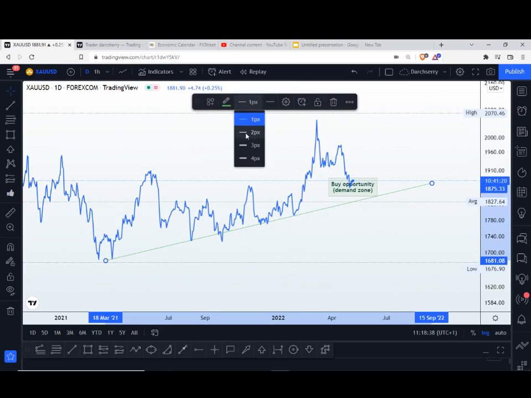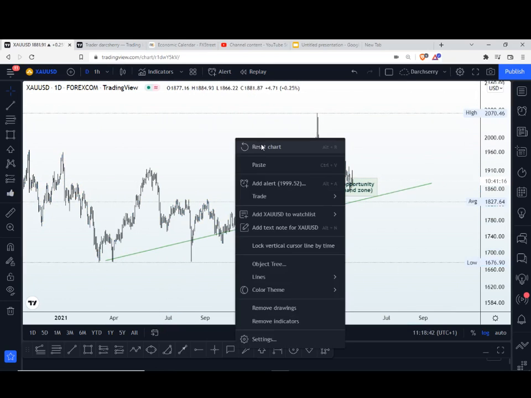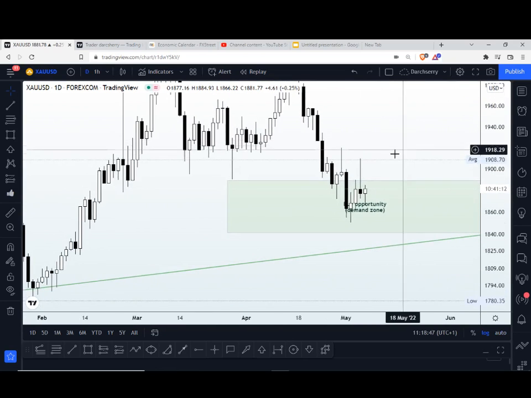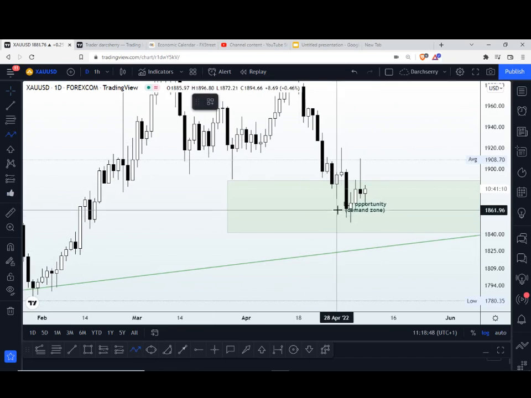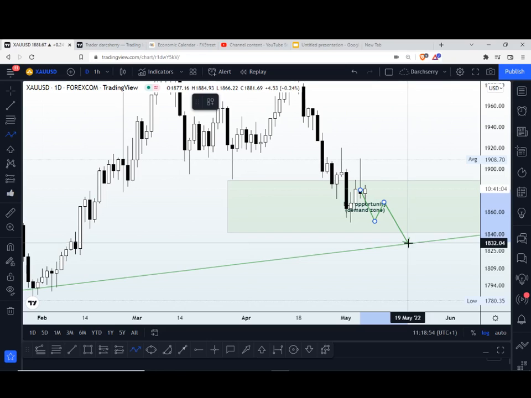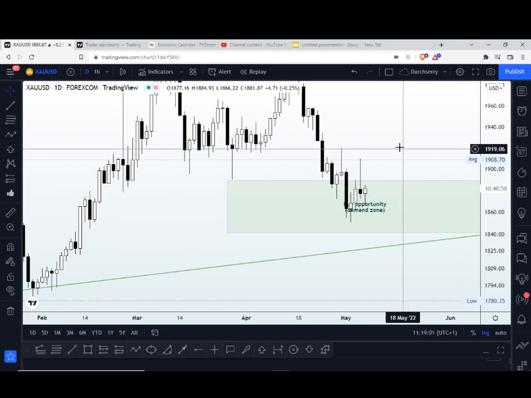Let's make it a little bit thicker. Good. So it is possible that we have price do a continuation to the downside where price comes into this trend line, rejects it, and finds a reversal setup that will send price to the upside.